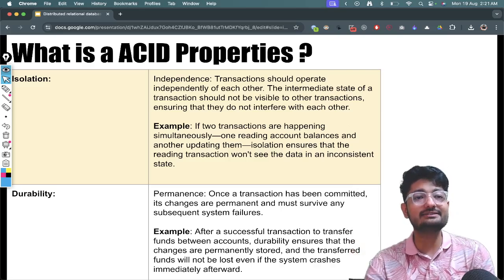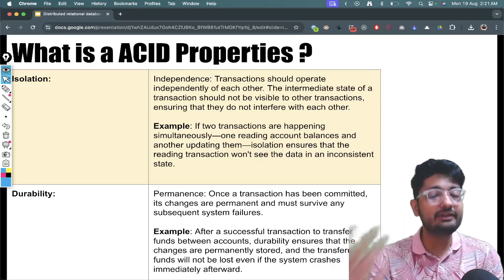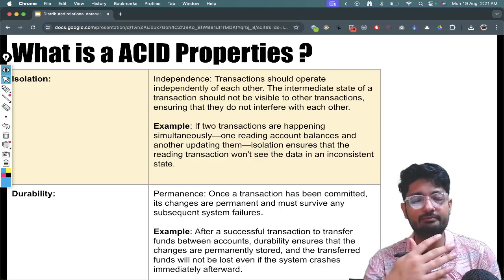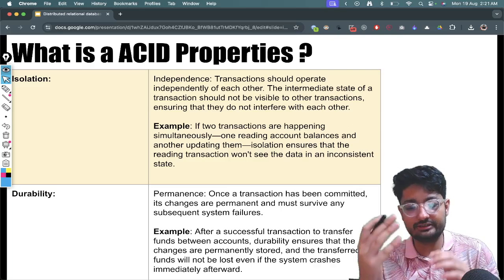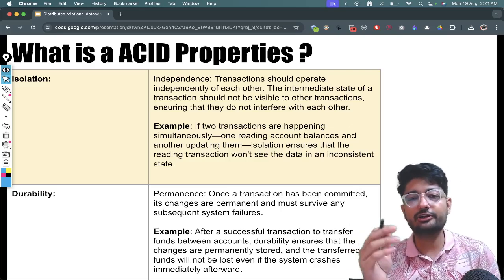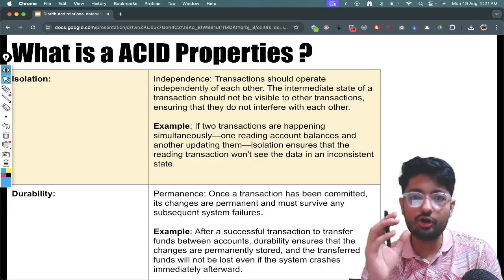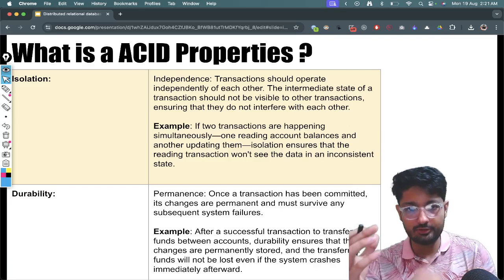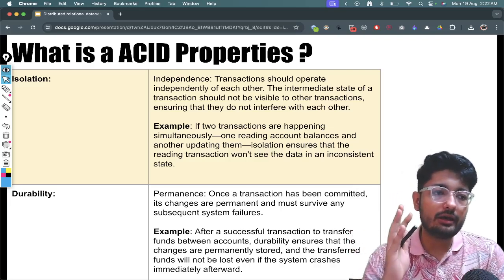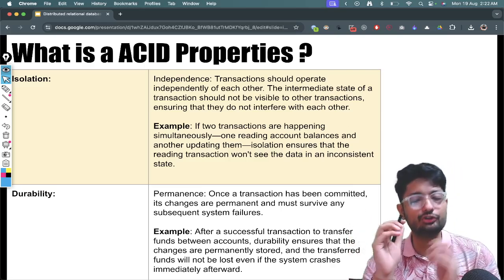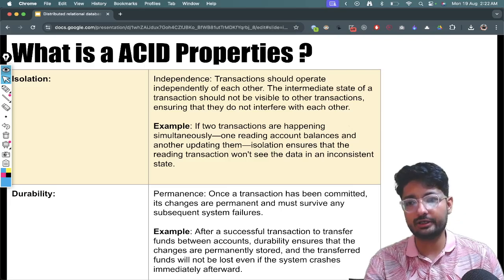If a system failure occurs after my transaction is done, it should not happen that my system reverts to a previous state, or the instructions I've done just vanish. The instructions I've done in a transaction should be durable on the disk. So these are the four acronym definitions, the ACID properties. You should remember them when you're talking about SQL databases.